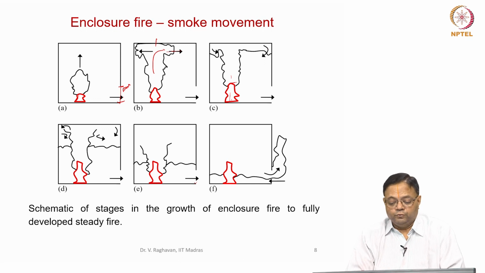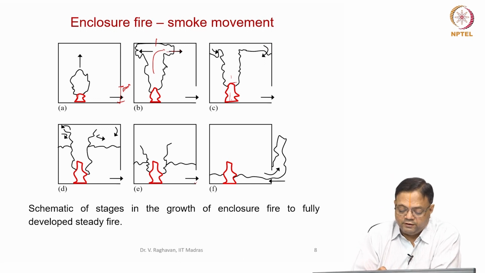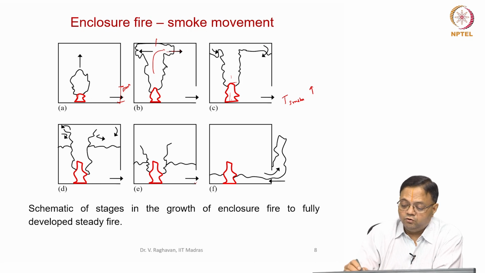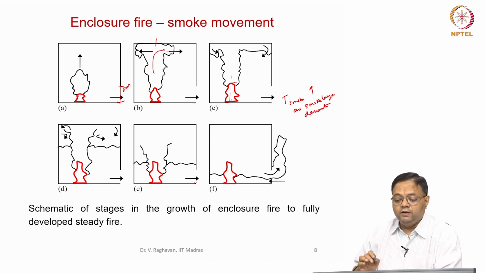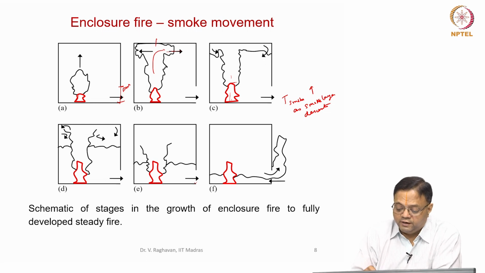Okay, now in these stages you can see that the smoke layer temperature also increases, T of the smoke layer also increases as the smoke layer descends. Okay, now this is the condition, F is the condition where you will see a developed fire.